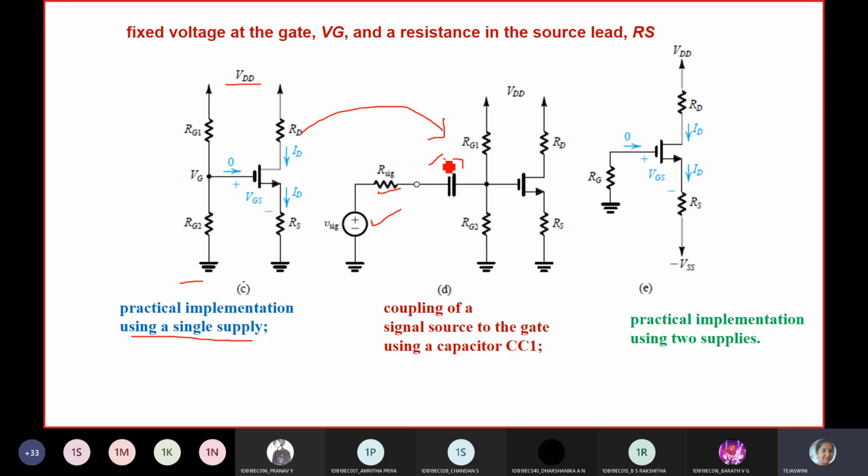What is the use of coupling capacitor? I've told you in the AC and DC amplifier. Coupling capacitor is used to allow what signal? AC or DC? It will allow AC or DC?